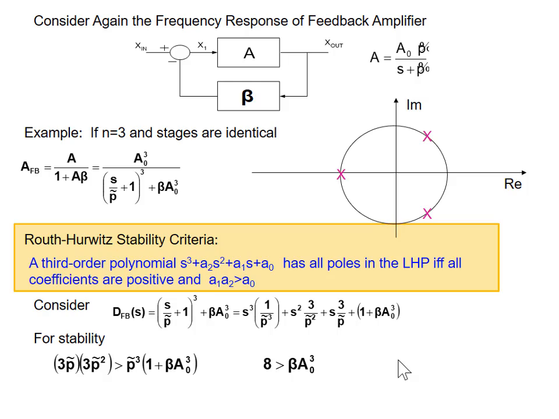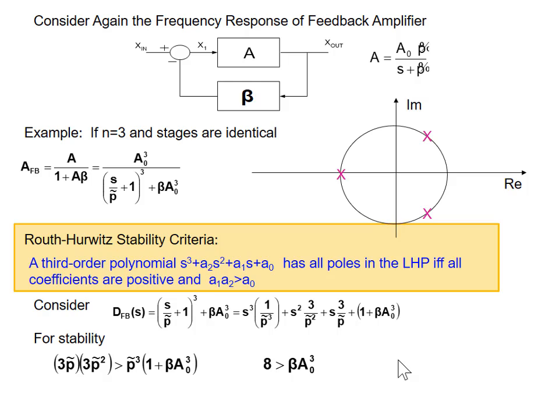If I look at this expression, I find out it's independent of p tilde. It doesn't make a difference whether the bandwidth of the amplifier is 1 radian per second or 100 kiloradians per second. The p tildes cancel. In order for this to be stable, beta a naught cubed has to be less than 8. If beta is equal to 1, how much gain can we get on these amplifiers if we want to apply feedback and it's still stable?